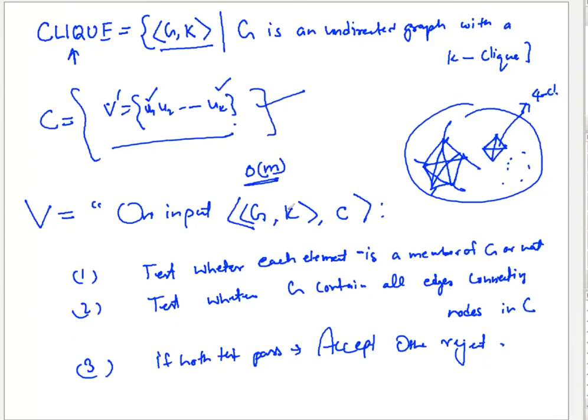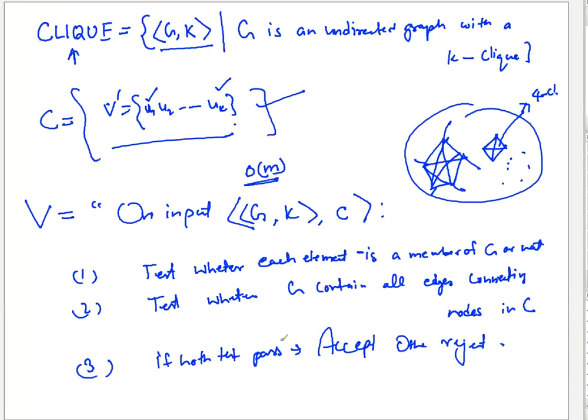Once that is done, then within all k vertices, you have to verify whether there is an edge or not in the graph. So between every V1 to V2, V1 to V3, so k square pairs, you're going to check whether there is an edge or not in the graph G. If you know the ij value, you can check directly in the entry in the adjacency matrix, or you can check in the list.